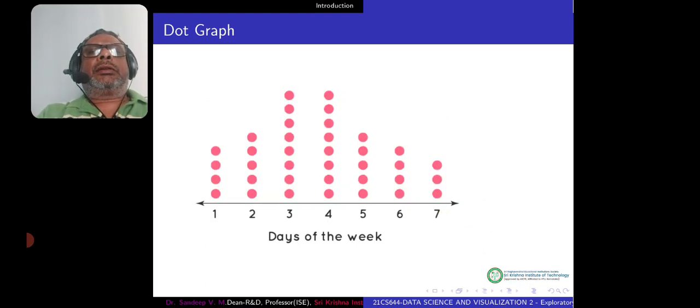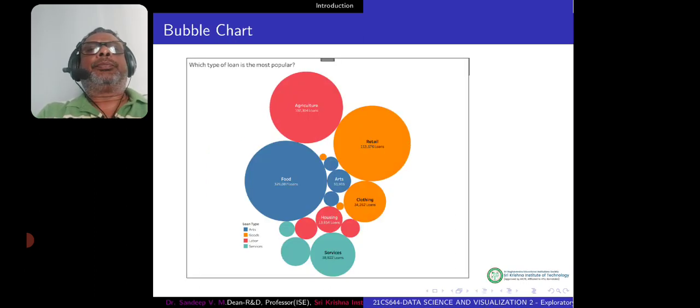Same way we can put in terms of dots. So it is same like a histogram, but the only difference is in histogram we use bar charts, here we put dots. So the advantage of working with dots is we can count it and just understand how the distribution is varying from one value to other value and so on.